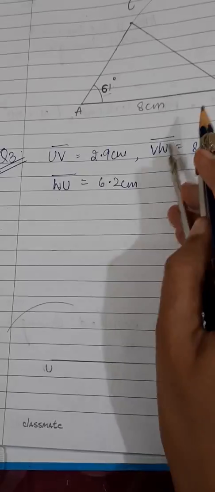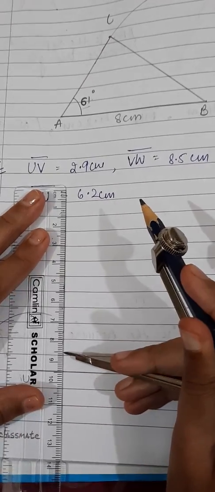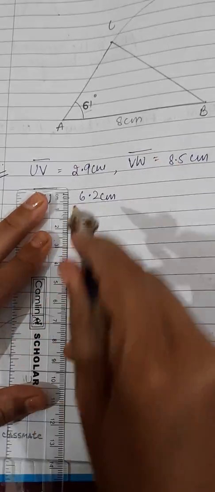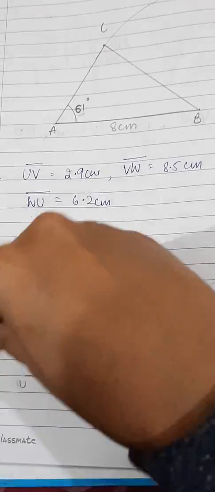And then from point W, I have VW which is 8.5. Let us open it to 8.5. From point W, just make an arc.